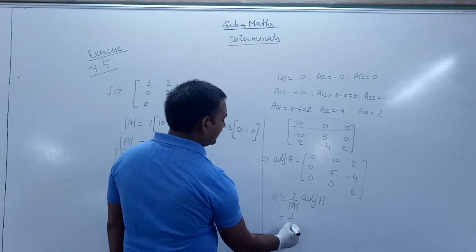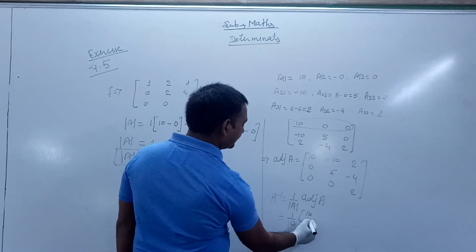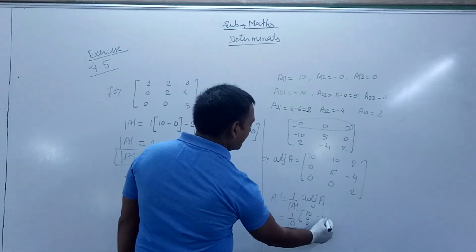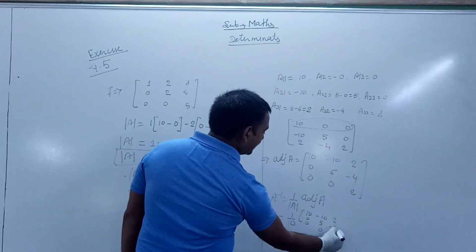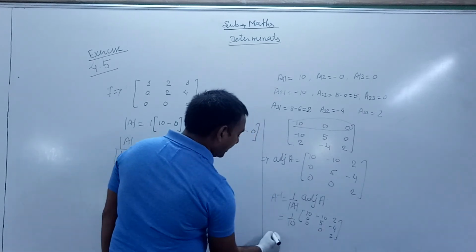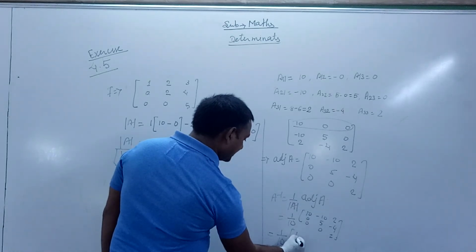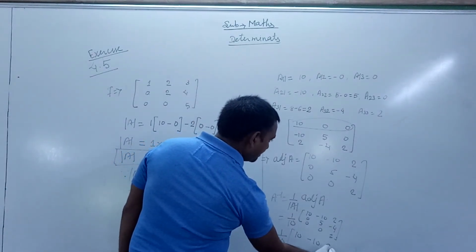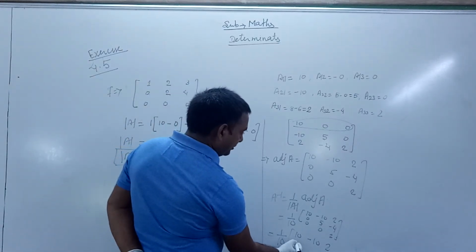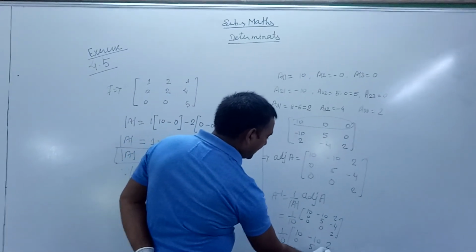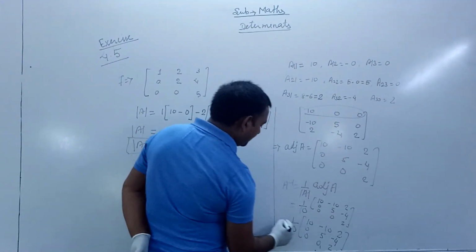So it is 1 by 10 times the adjoint of A. You can write it in the form of 1 by 10 and the matrix with rows 10, minus 10, 2; then 0, 5, minus 4; then 0, 0 and 2. This is the value of A inverse.